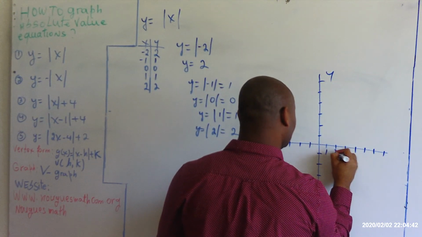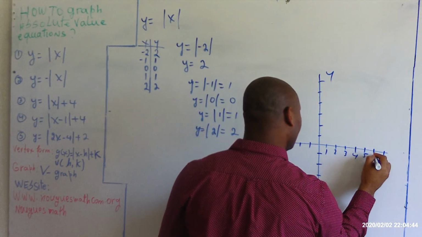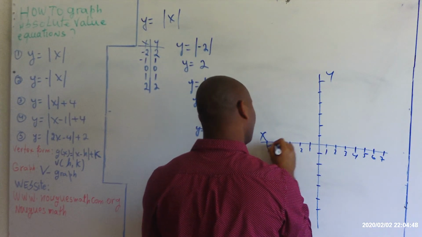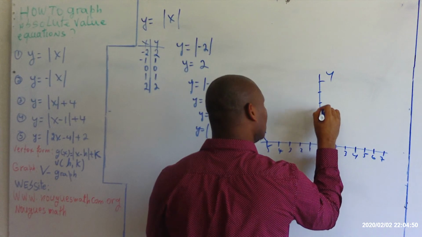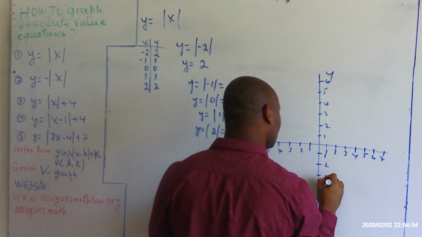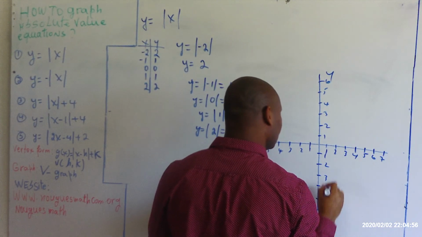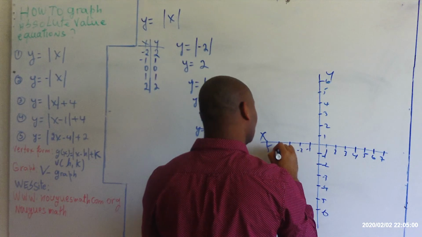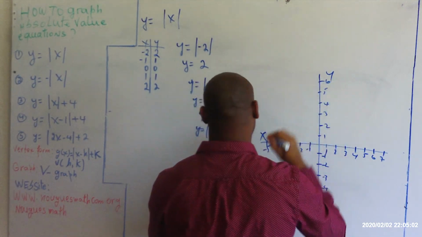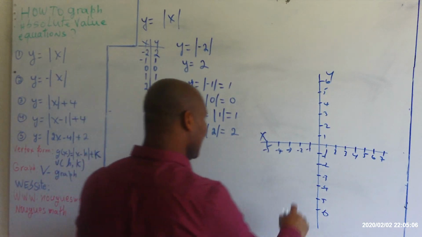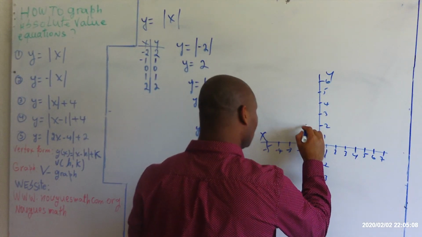Remember negative numbers also. Okay, let's place the point. -2, 2. -2 and 2 right here.